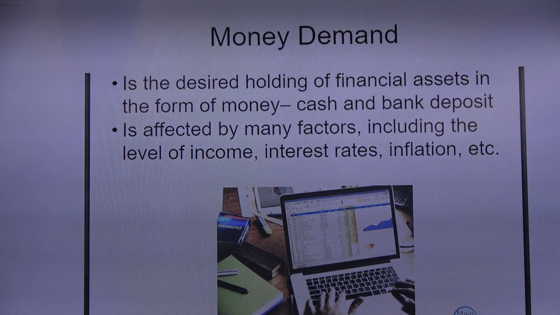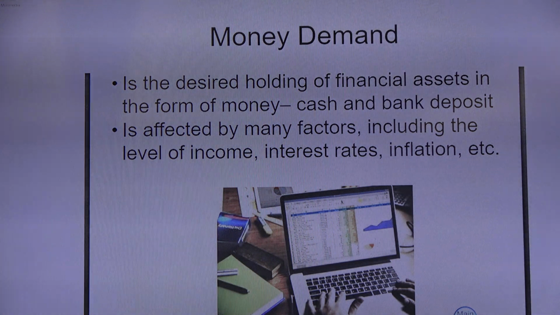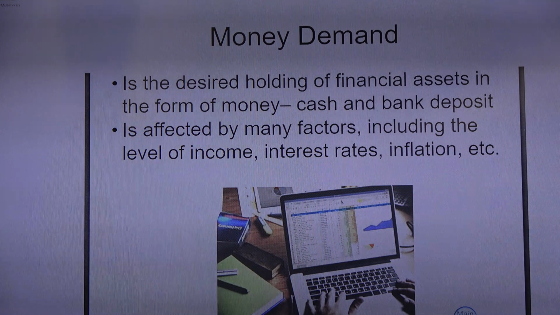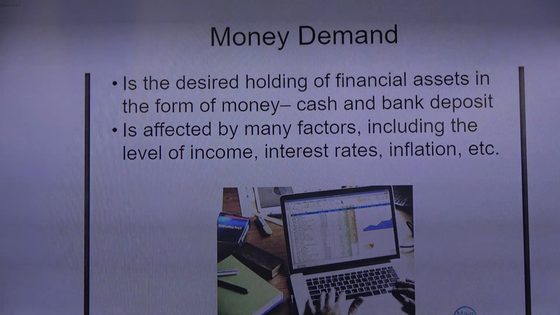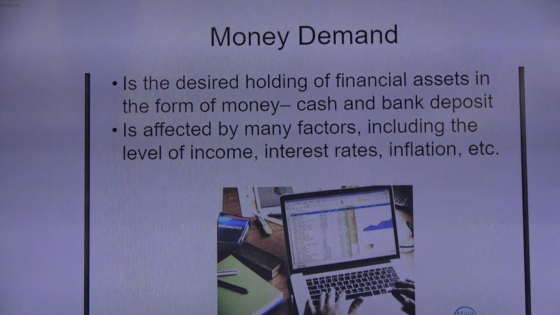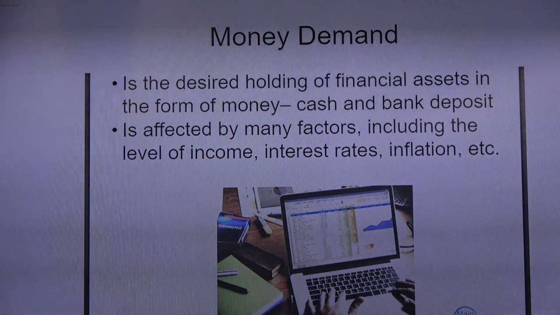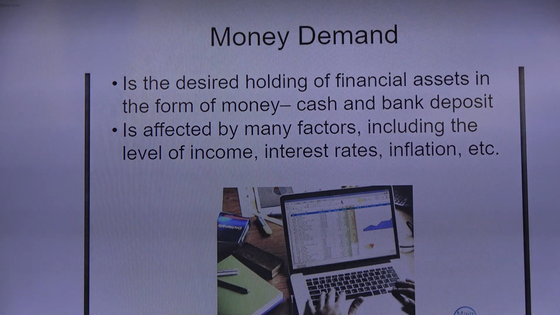When the interest rates are really high, then it cuts a lot of people out from being able to borrow money because they can't afford the payments. So interest rates and inflation, if prices are really high, people aren't spending, they're not buying as many things. When prices are low, then they're spending more money.